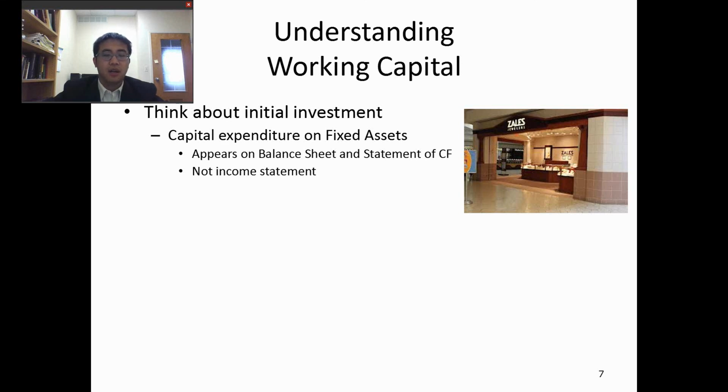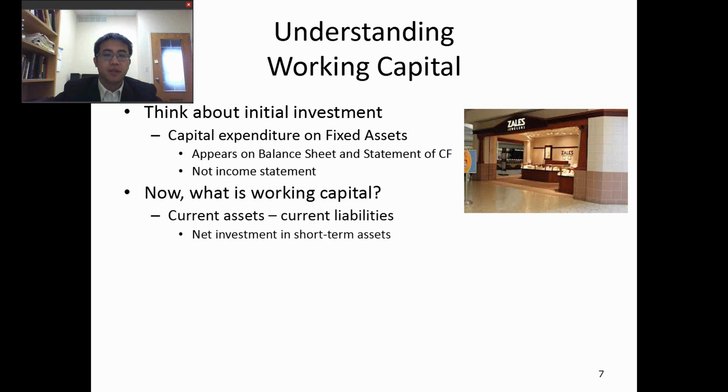And now you want to add a jewelry store as the new business. And definitely you're going to spend money to buy the place within the shopping mall and also do renovations, and those are the large amount of money you spend up front. And this is a capital expenditure. And this will appear on the fixed assets on the balance sheet.